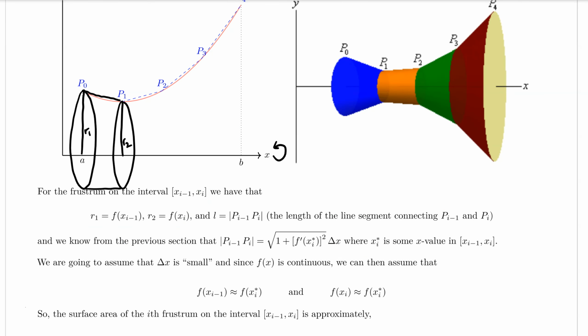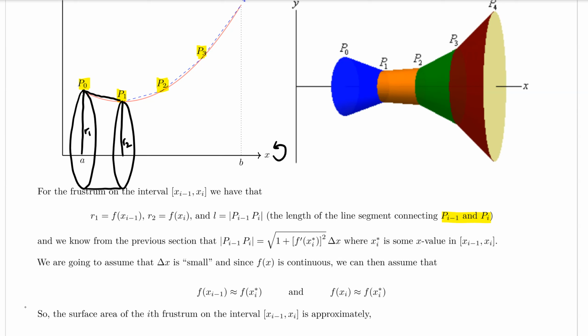For the frustum on the interval x sub i minus 1 to x sub i, we have that r1 is equal to f of x sub i minus 1, r2 is equal to f of x sub i, and L is equal to the length of the line segment connecting p sub i minus 1 and p sub i. These p sub i are just points that are on our curve.